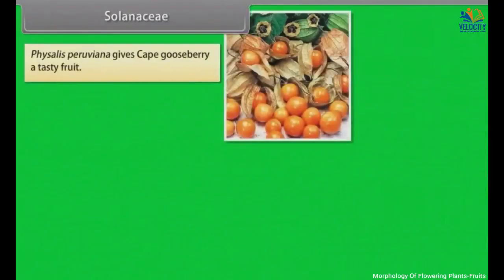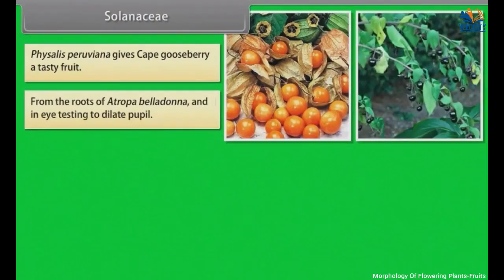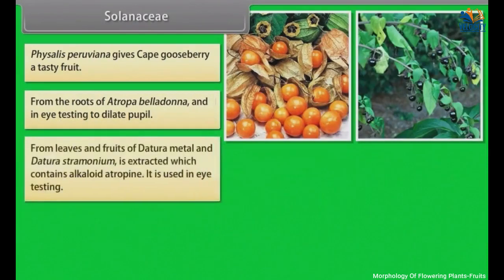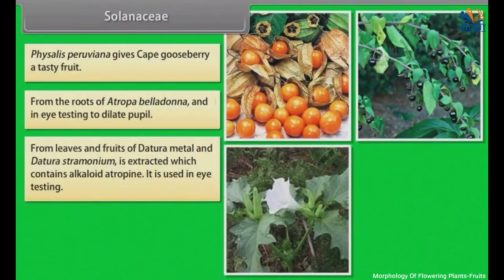Physalis peruviana gives Cape gooseberry, a tasty fruit. From the roots of Atropa belladonna, atropine is extracted, used in eye testing to dilate the pupil. From leaves and fruits of Datura metel and Datura stramonium, atropine is extracted, which contains the alkaloid atropine. It is used in eye testing.